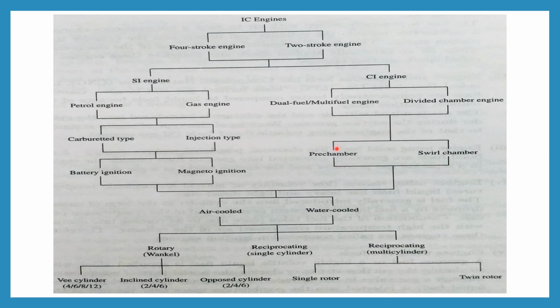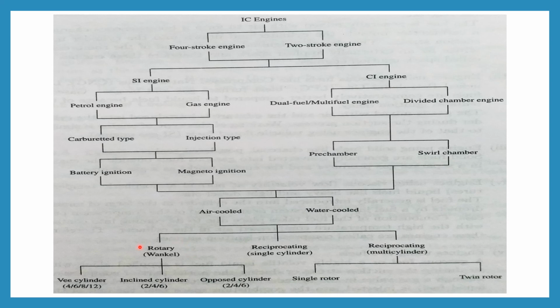Both of these, the pre-chamber or swirl chamber of the CI engine, and the battery ignition and magneto ignition of the SI engine, can be classified into two ways, that is air-cooled and water-cooled. This air-cooled and water-cooled engine can be classified into three ways: rotary engine, reciprocating engine and reciprocating multi-cylinder engine, single cylinder, multi-cylinder engine.